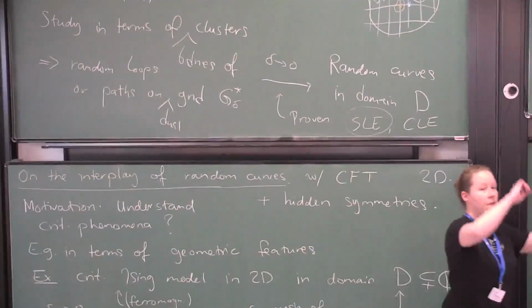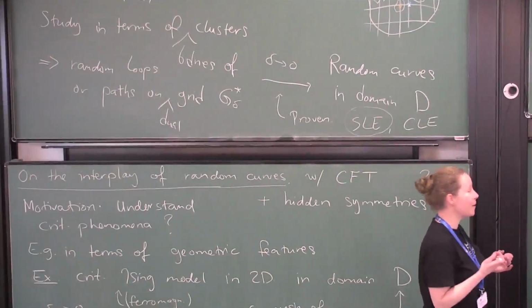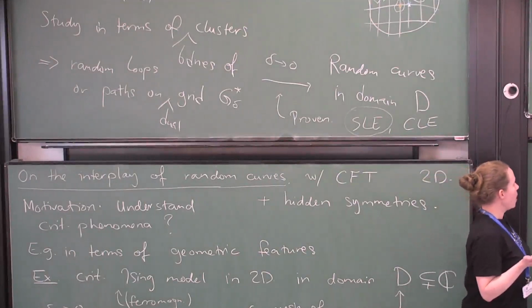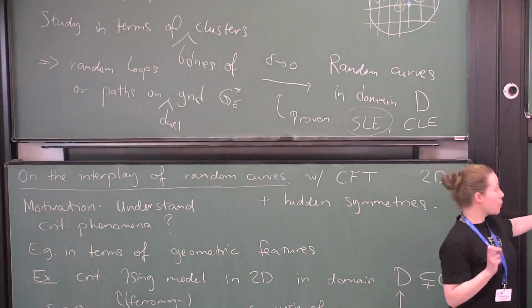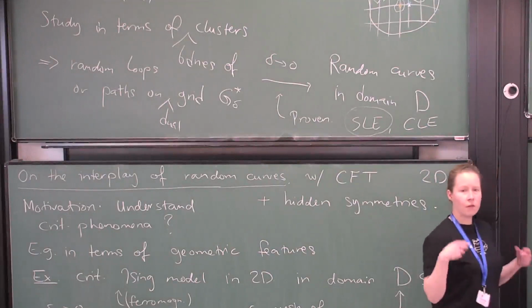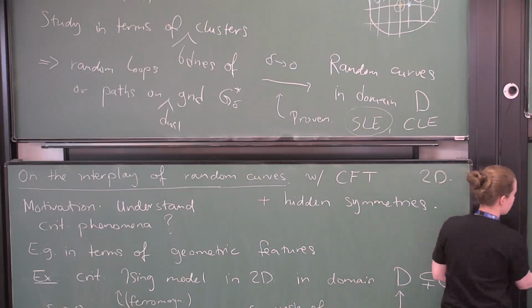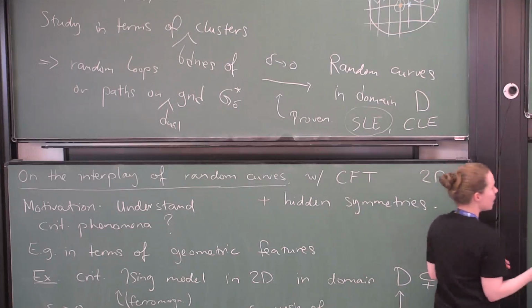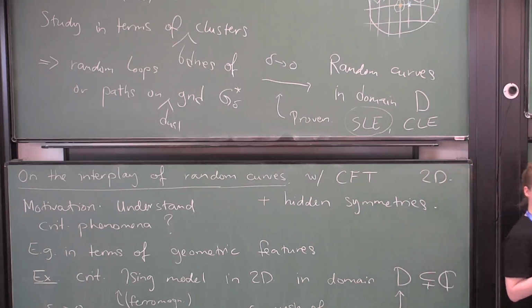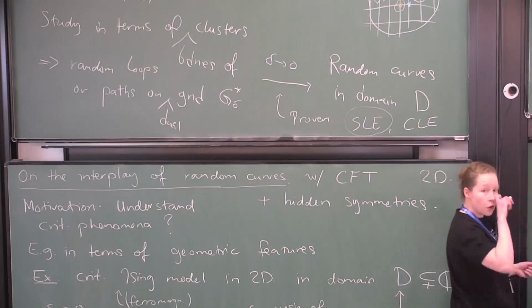Okay? 0 and infinity are boundary points of the upper half plane. Okay, there's a second property that I want to mention relatively quickly, because in my talks it's not going to play a huge role, but it's needed to characterize this thing, and it's natural from the Ising model point of view. It's called the domain Markov property.